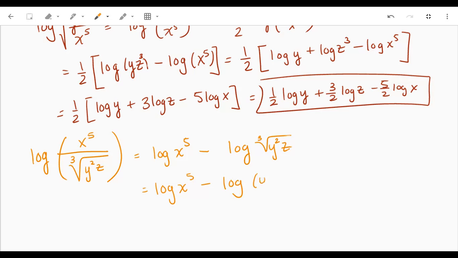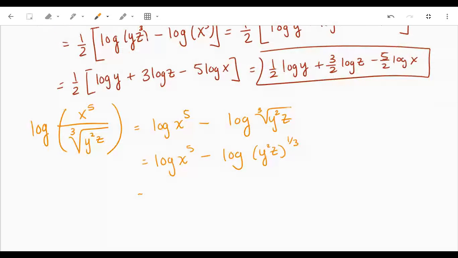So we'll have y squared z to the 1/3. Now we have two exponents here that we can pop out. So we can have 5 log x minus 1/3 log y squared z.